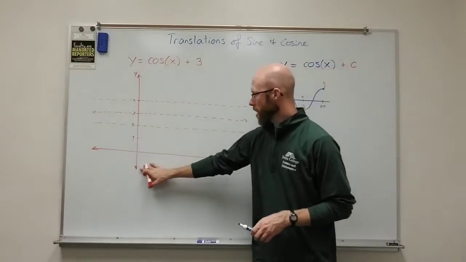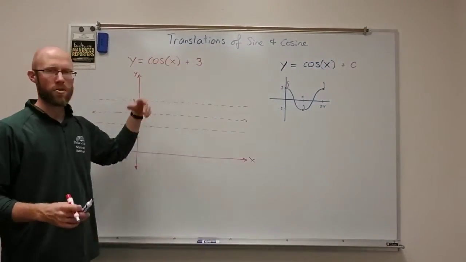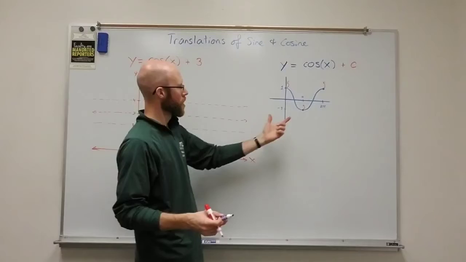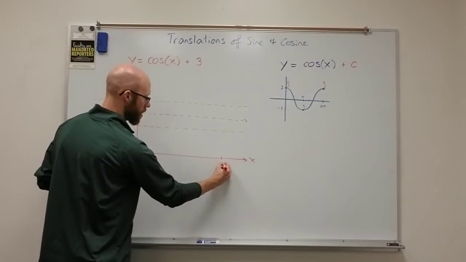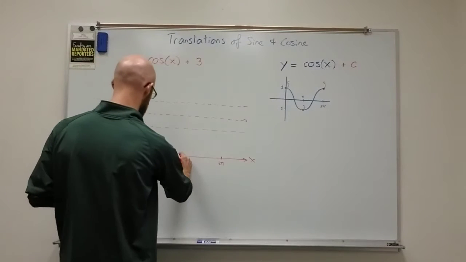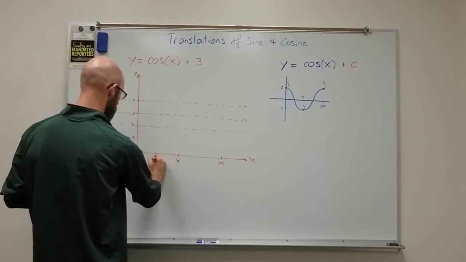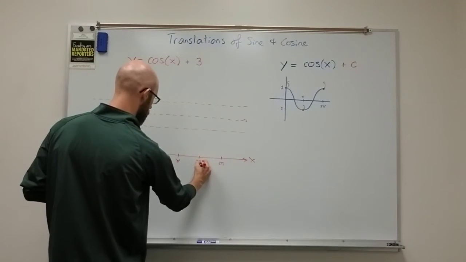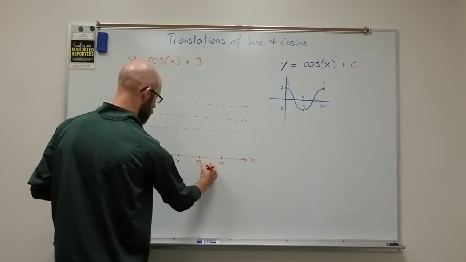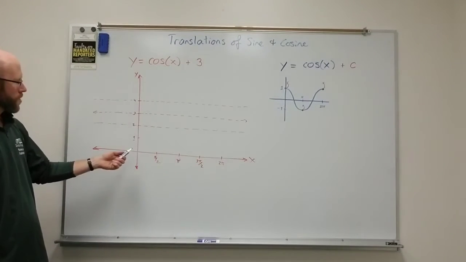Now on my x-axis, I want to make sure to get my 5 key points. With the regular cosine, there's no phase shift, there's no period change, so I'm going to keep those the same. We're going to go over to 2 pi, then cut that in half to get the pi in the middle, a quarter to get pi over 2, and a third quarter to get 3 pi over 2. Then I can sketch in my points.